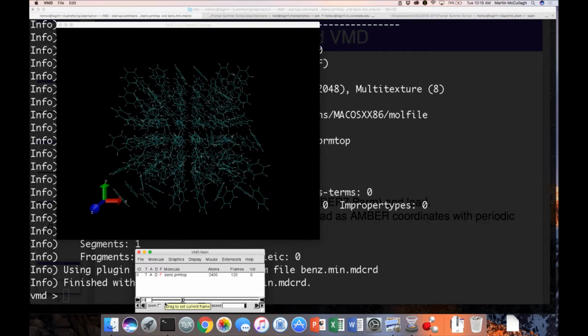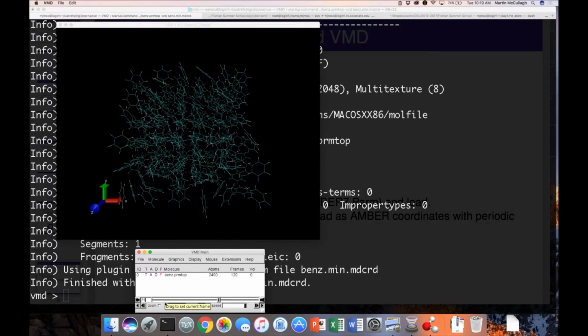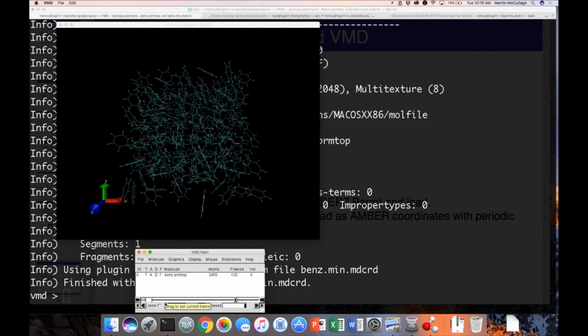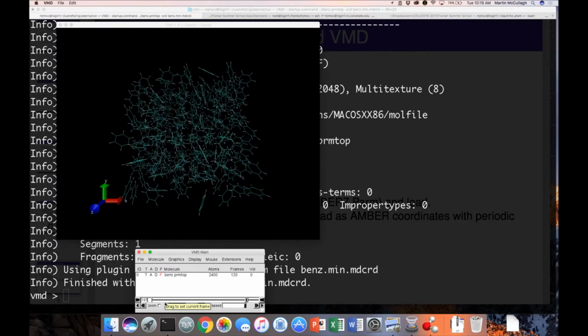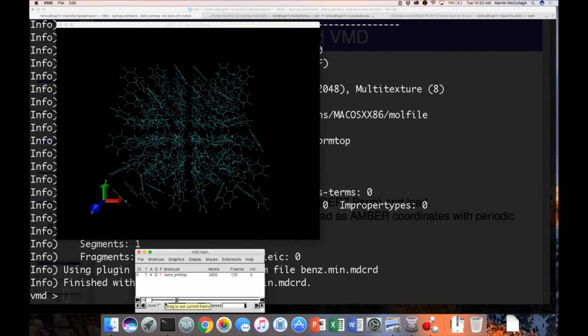But when he gave this to me, there's overlapping atoms. So if I just started with the molecular dynamics simulation, it doesn't work. So the first thing I do is minimize the structure. So when I did the minimization, and I'll show you in a minute how we went about that, this is what the structure did. So you can see the benzenes are moving around to find the minimum position.